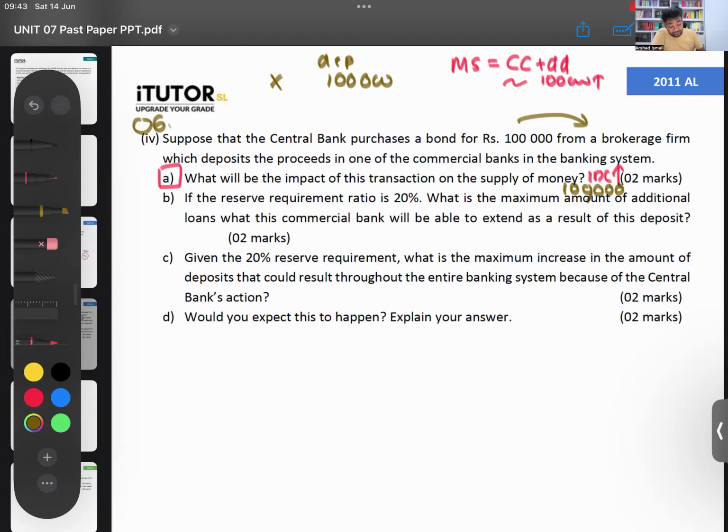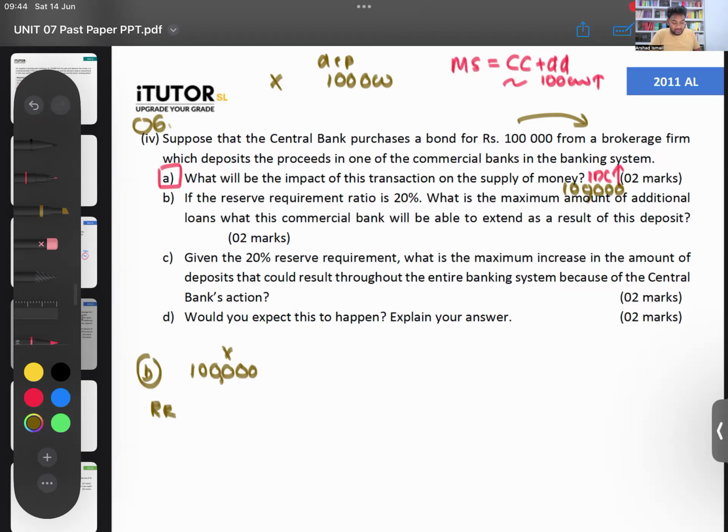Now, 100,000 has come to bank X, one of the banks. If the SRR is 20%, what is the maximum amount of additional loans, that is new loans, that this bank can extend as a result of this deposit? So what is your answer? 100,000 has come to bank X. How much should they keep as required reserves?